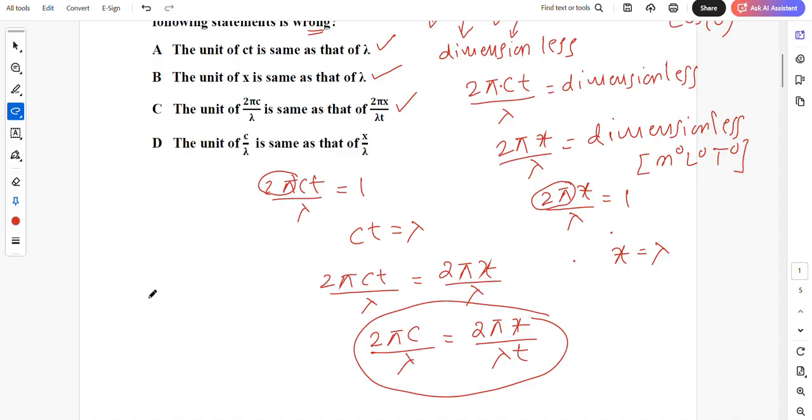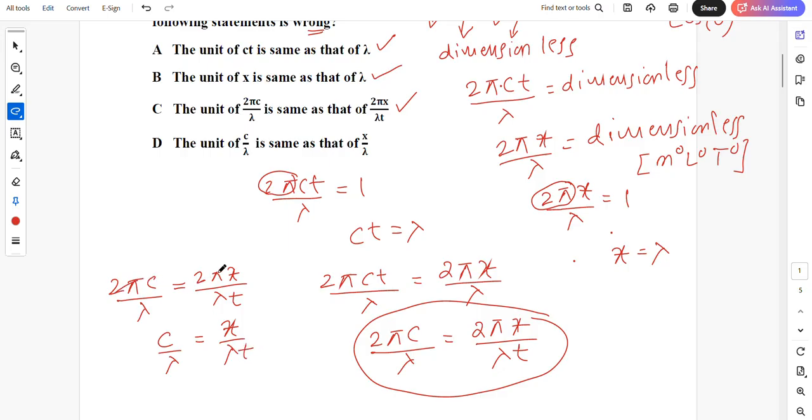No, it cannot be. Now 2 pi c by lambda is equal to 2 pi x by lambda t. Here c by lambda will be equal to x by lambda t.